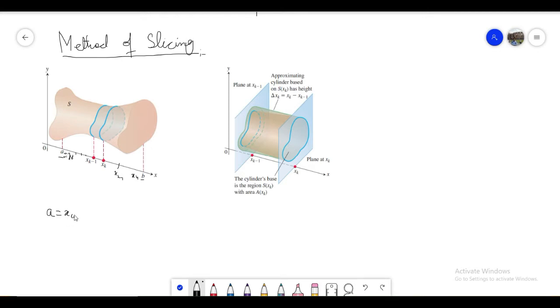So A is of course x naught, which is smaller than x1, which is smaller than x2, and still going on up to xk minus 1, and xk, and still going on up to xn minus 1, and xn is larger than xn minus 1, which is equivalent to the B. So in shorter words, we can say that A is equal to x naught and B is equal to xn.